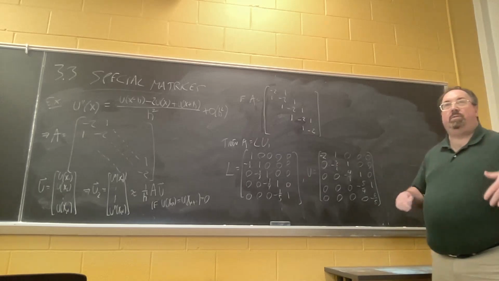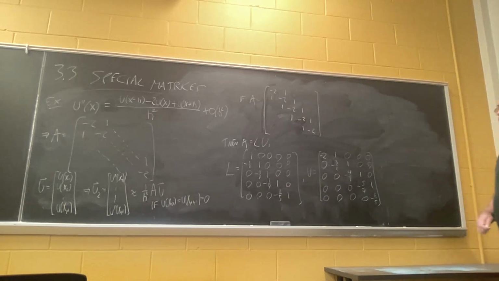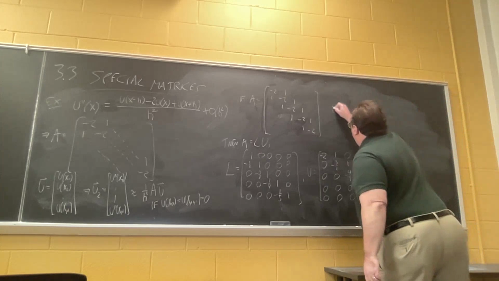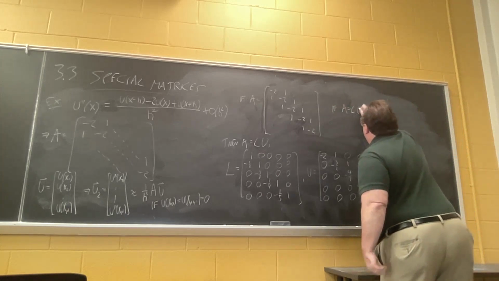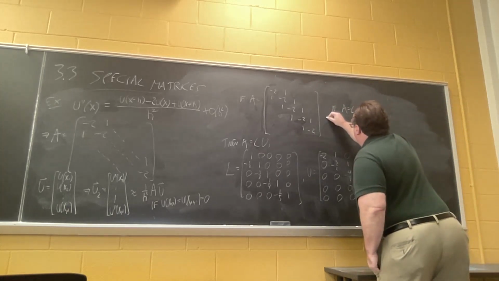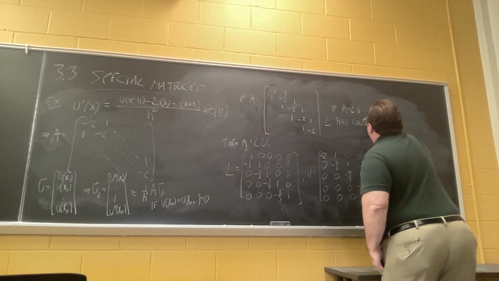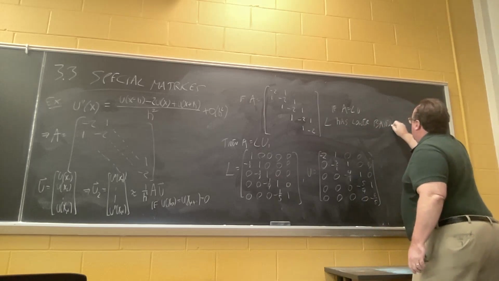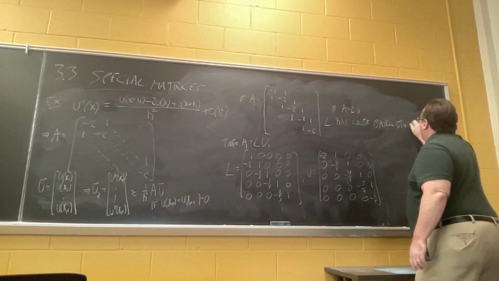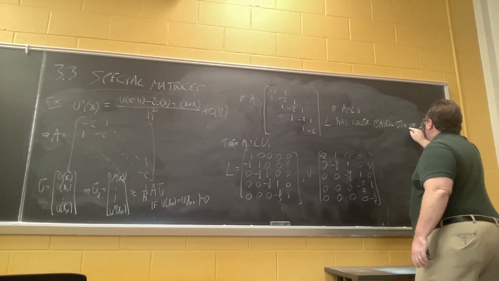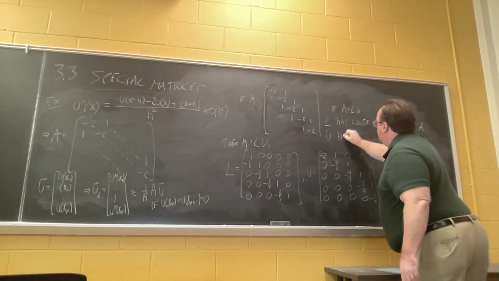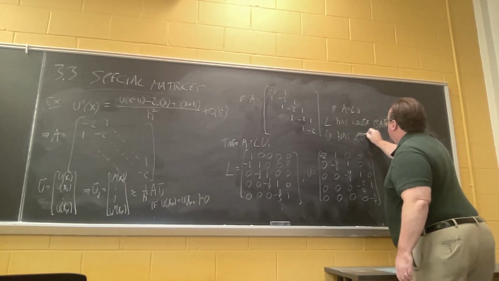So in general, when you compute the LU decomposition, whatever upper and lower bandwidth A has goes into U and L. So in general, if A equals LU, then L has the same lower bandwidth of A, and U has the upper bandwidth of A.